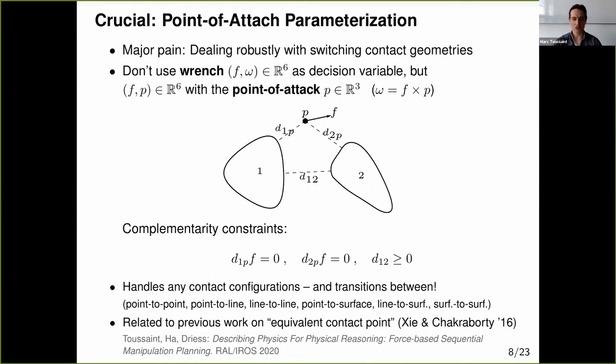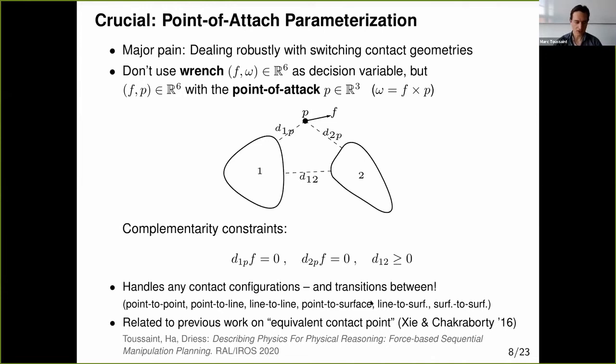Only if the objects really have contact can they exert the force. So you can formulate the complementarity constraints in terms of: either the forces are 0 and then the point might be anywhere, it's just meaningless, or the force is non-zero and then the distance to the surfaces needs to be 0. And that's the complementarities.